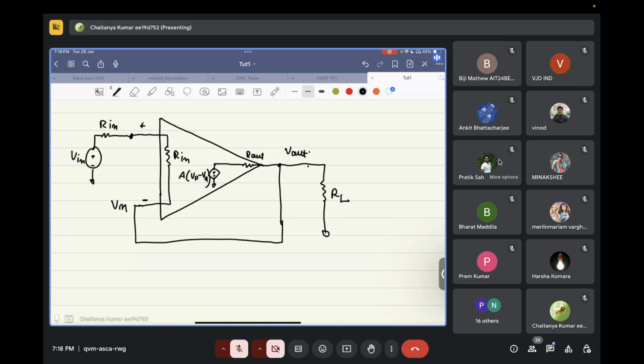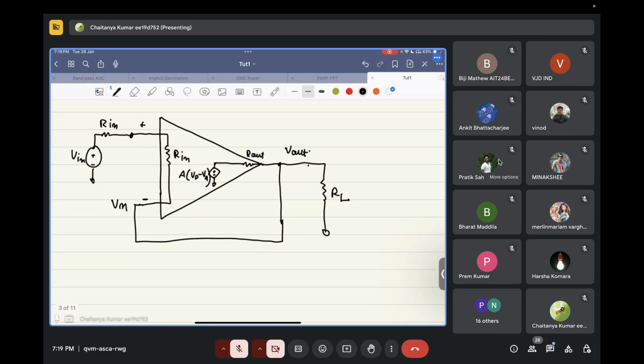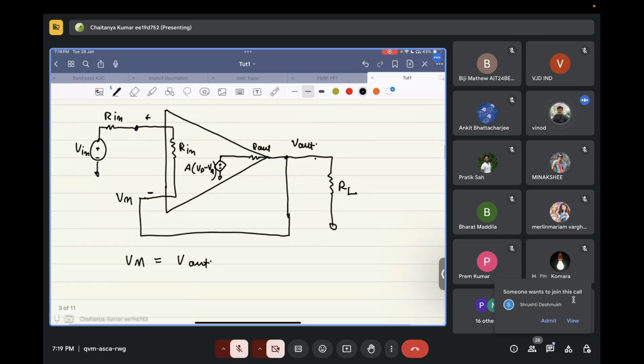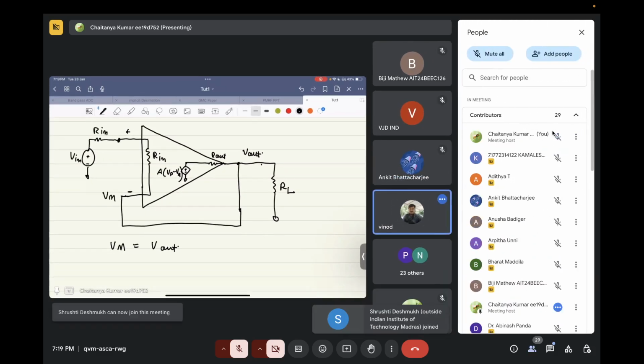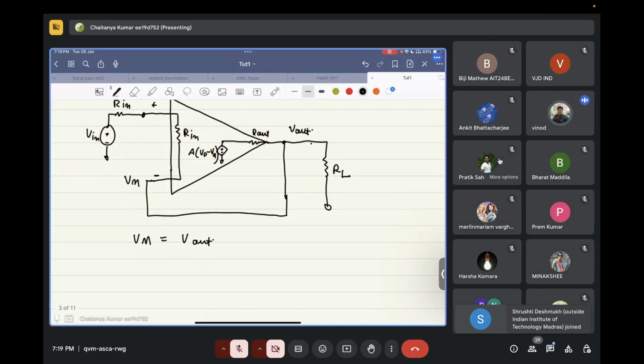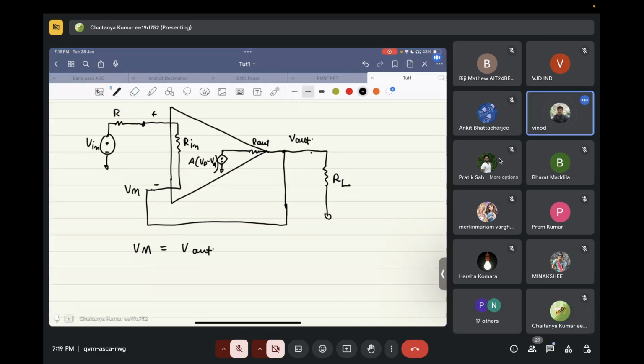So please, guys, help me to write the input to output equation. How will we start? Our Vn is equal to V out. Let's call this RS.